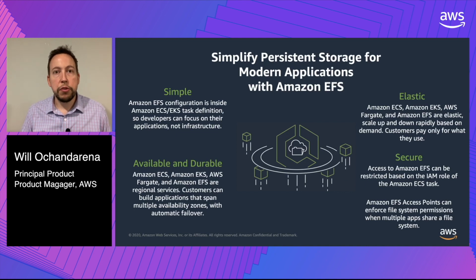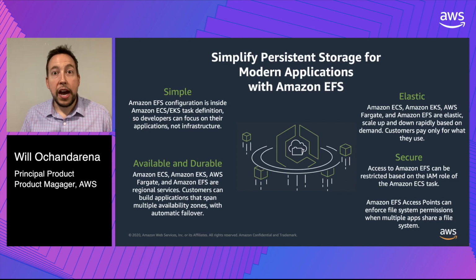Even further, the way that we've done this integration is that all of the EFS configuration is at the application manifest or at the task definition layer, which means developers can simply state what kind of storage they want their applications to have, and have the infrastructure provided for them rather than manage individual instances.